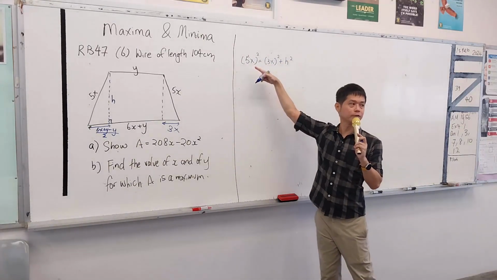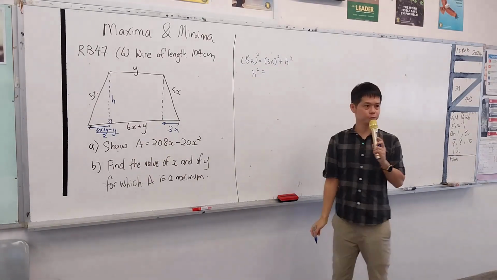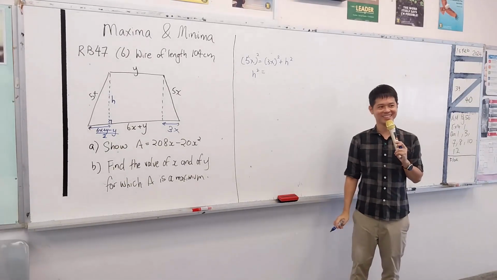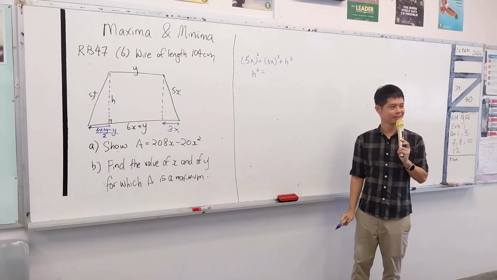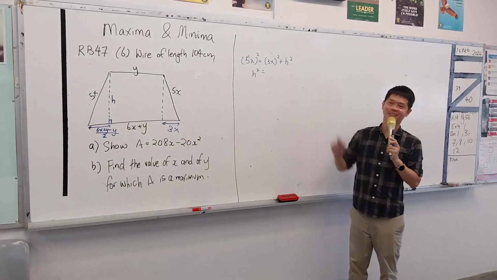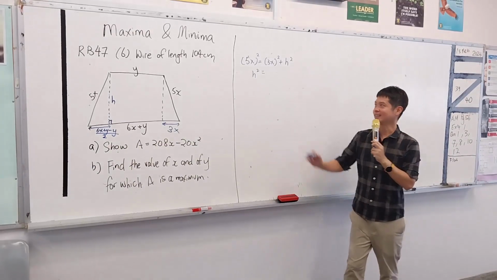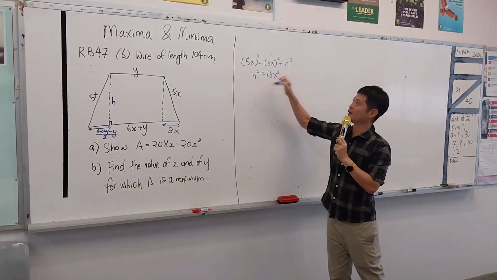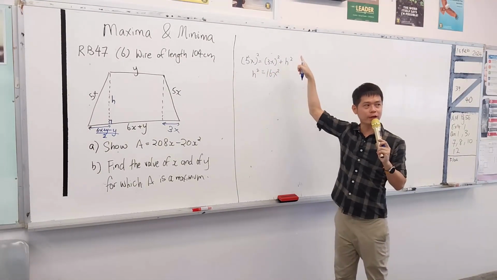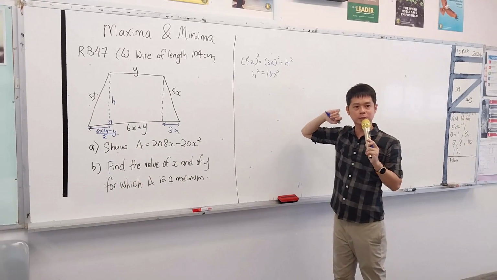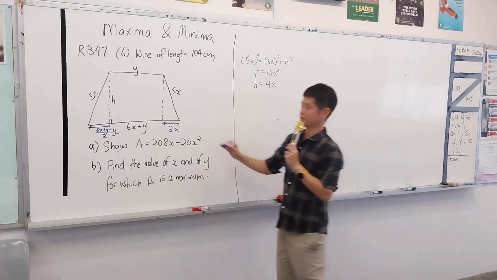So I bring this over. h square equals to? Is it 2x square? Is it 4x square? Yeah, it's 16x square. This is 25 and this is 9. So 25x square minus 9x square is 16x square. So your h is simply 4x.